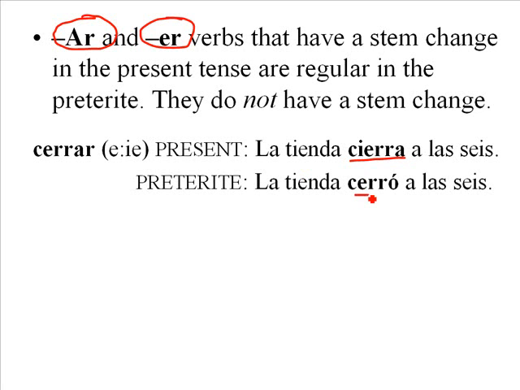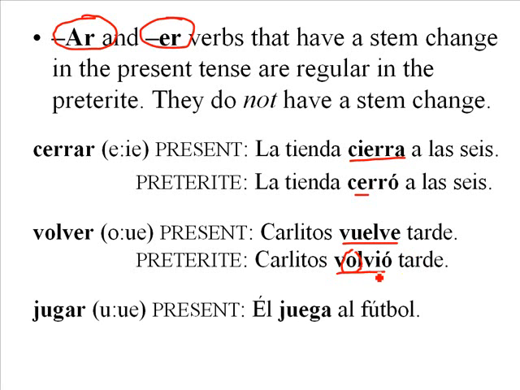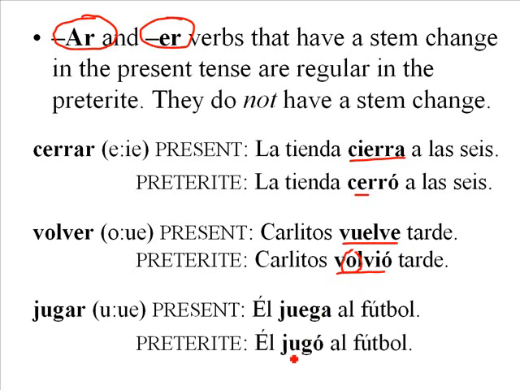We did not make a stem change here. Volver. En el presente, Carlitos vuelve tarde. En el pretérito, Carlitos volvió tarde. No hay cambio. Jugar. Él juega al fútbol. Él jugó al fútbol. No stem change.